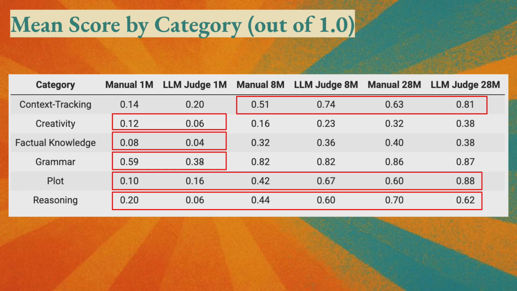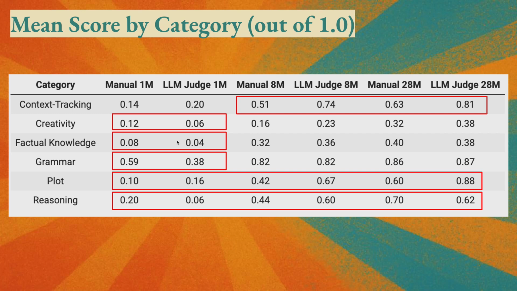The LLM was 0.4, so there's a 50% difference there. For reasoning, I was much more lenient than the LLM Judge, so there's a 3 times score difference. For the 28 million parameter model, which is actually 60 million, for plot, the LLM Judge was more lenient. So again, there's almost a 50% difference there.